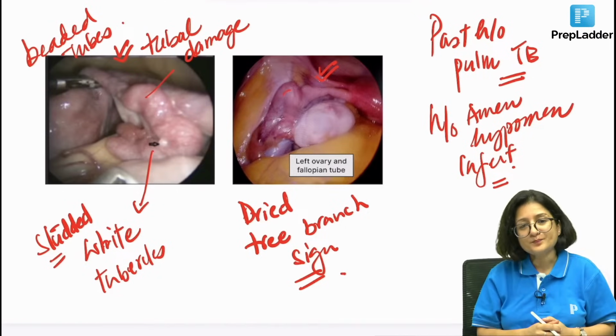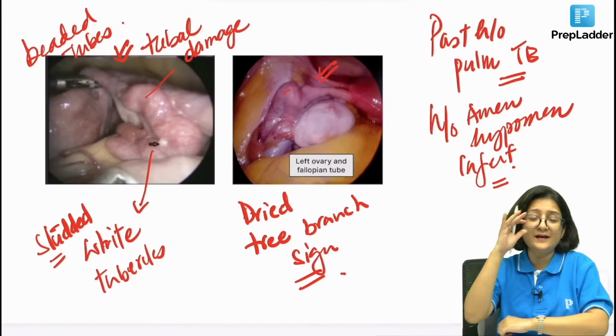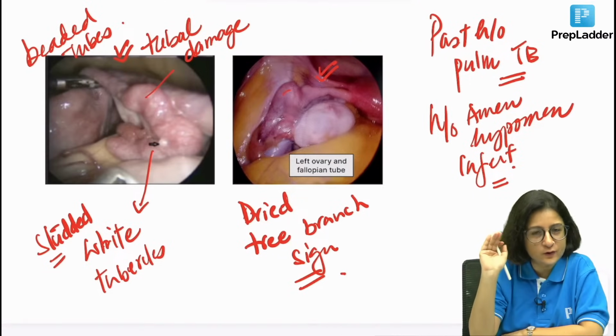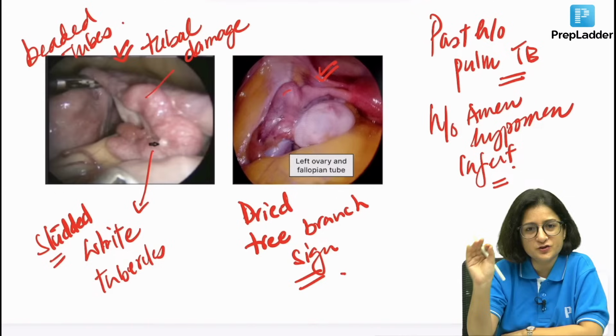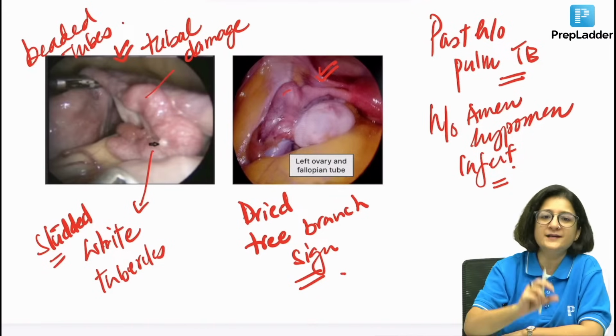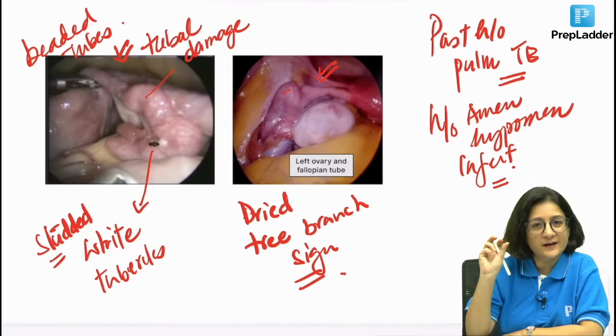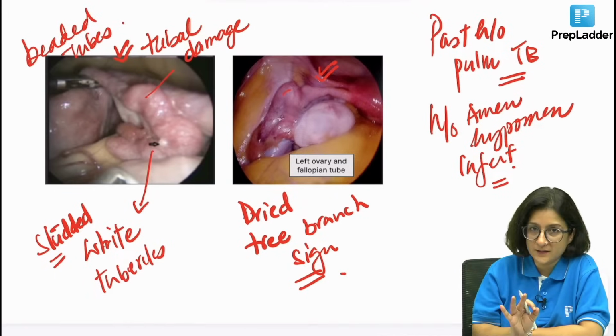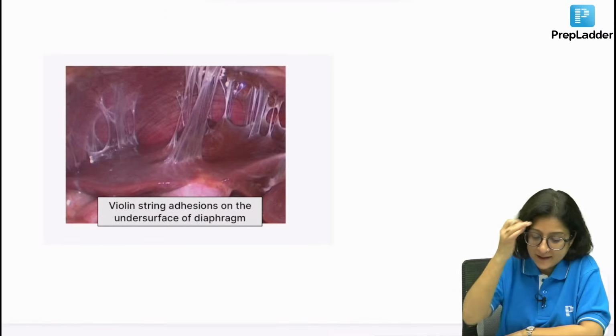Okay. So unless some clinical context is mentioned to you, you will not be able to pick up genital tuberculosis just based on the images. So you have to correlate it with the clinical findings and the clinical profile of the patient also. That is important. Okay. Next image.